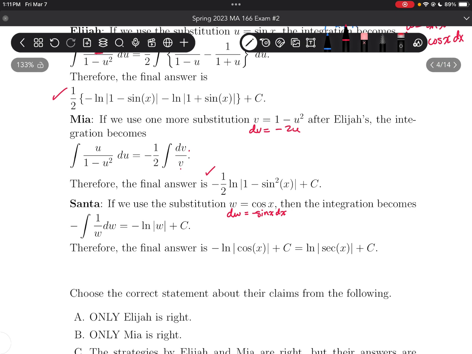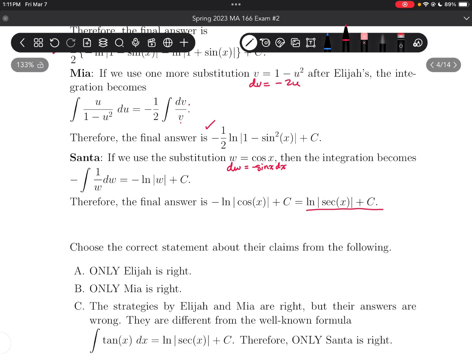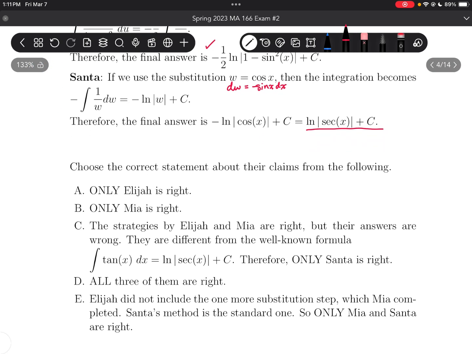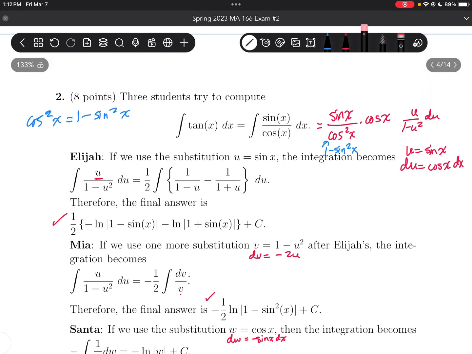And so he gets this answer over here. And this answer matches the typical formula for the antiderivative of tangent x. We know that this is like one of our basic antiderivatives. So from that knowledge, we can say that Santa is for sure correct.